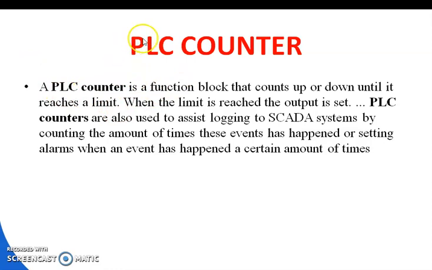Then next one is the PLC counter. A PLC counter is a function block that counts up or down until it reaches a limit. When the limit is reached, the output is set.